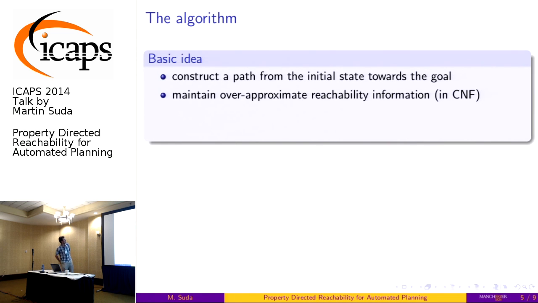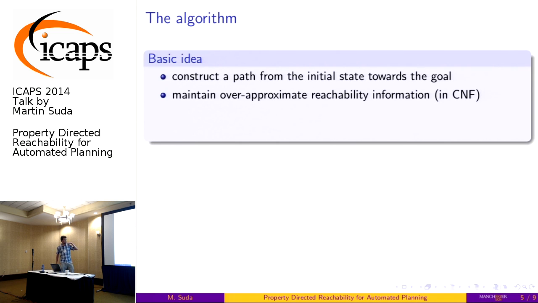Okay, how does the algorithm work? Abstractly speaking, it constructs a concrete path starting from the initial state, trying to go towards the goal. And at the same time, it maintains and refines some kind of reachability information. I will give a little bit more detail later.